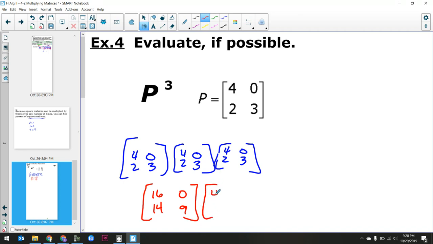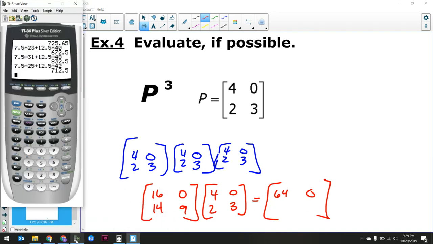Then we have to multiply this again, right? So that's going to get me another 2 by 2. Row 1, column 1. 16 times 4, 64, plus 0 times 2 is 0. Row 1, column 2. 16 times 0 is 0. 0 times 3 is 0. Row 2, column 1.